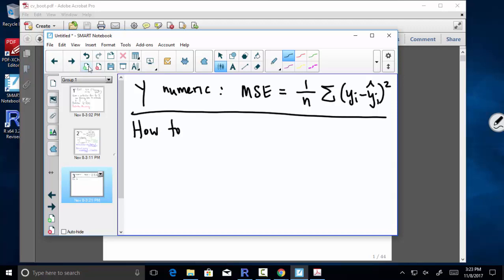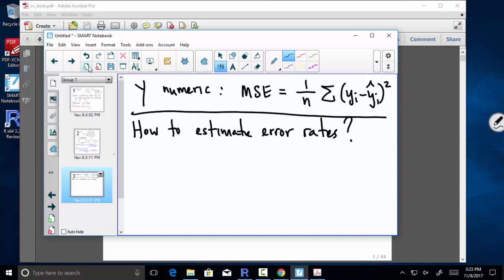How to estimate error rates or accuracies. So whether it's misclassification rate or balanced accuracy or mean squared error, how should we estimate these quantities?